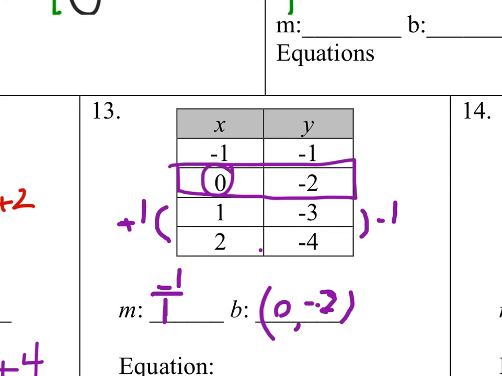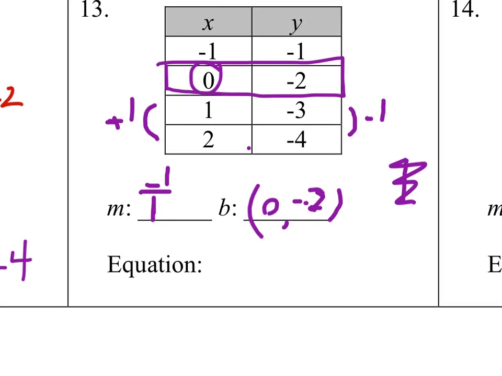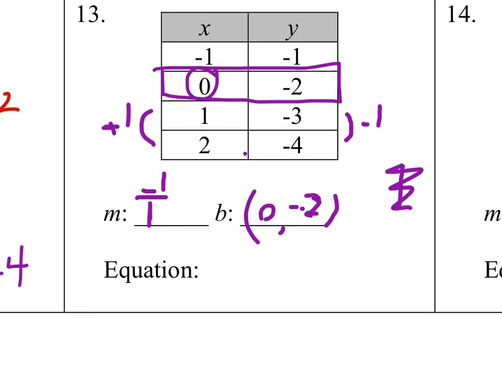Oh, how do we scroll down? Gotcha. So the equation would be y equals -1x, plus, no, sorry, -2.